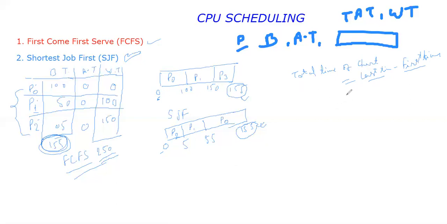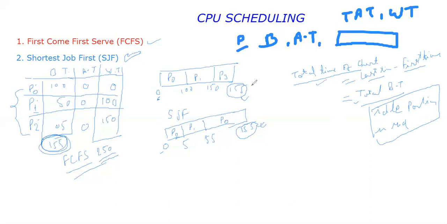Now, this will always be equivalent to the total burst time, except in one condition: if I have a certain idle portion in the middle. Except for this, my total burst time will be equivalent to the total time of the chart.